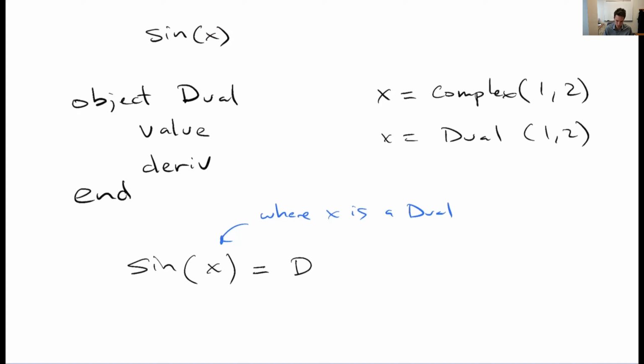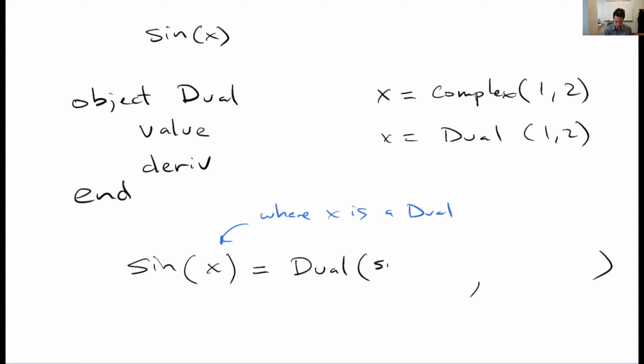So I'm going to create a new dual number. It's going to have a value and a derivative. So what should I place in the value? Think about that for a second. What do I want to pass through as the value of this operation? Well, I want it to return the sine of x, the sine of the value in x.